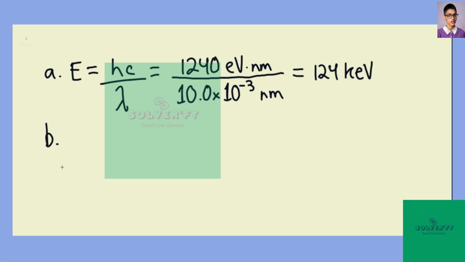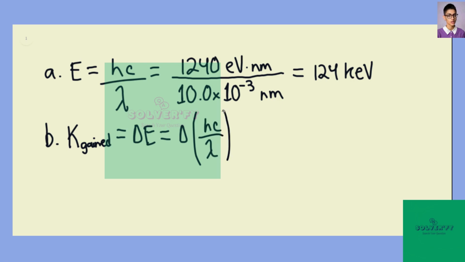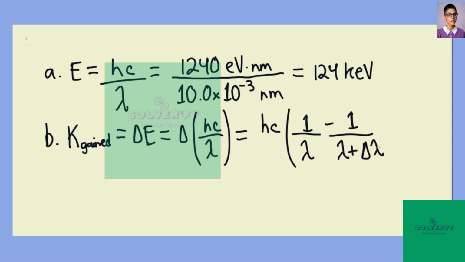Now for part B, we can find the kinetic energy gained by the electron. This is going to be equal to the energy decrease of the photon. So the kinetic energy gained would be equal to the change in energy of the photon. This would be equal to the change in hc over lambda, and this is equaling hc multiplied by 1 over lambda minus 1 over lambda plus delta lambda, that change in wavelength.